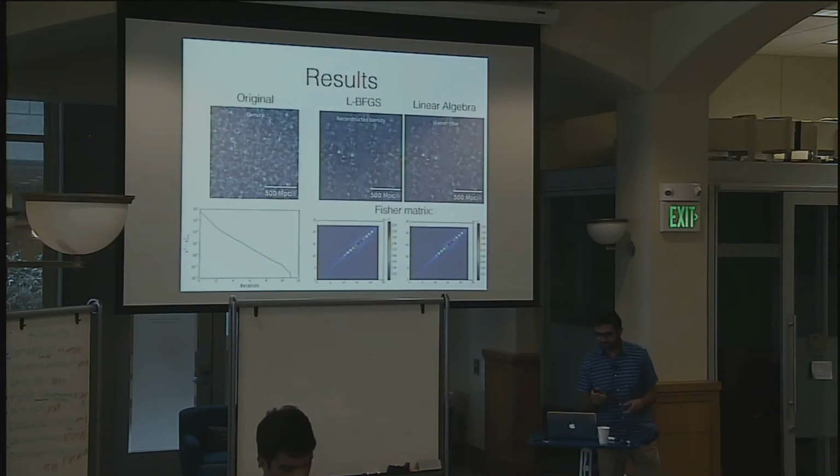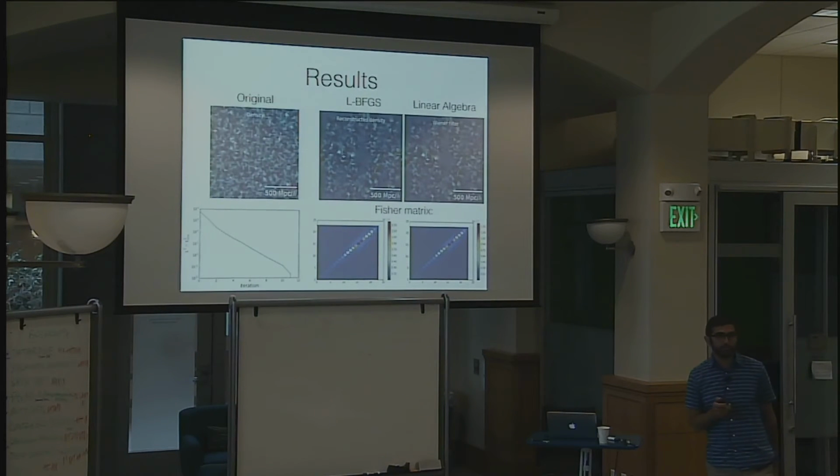Let's look at some results. This is the reconstructed density field, given that, using optimization, BFGS, LBFGS. And this is the same thing that you obtain if you solve the problem using linear algebra. And they do agree. I've also calculated the Fisher matrix with both methods.